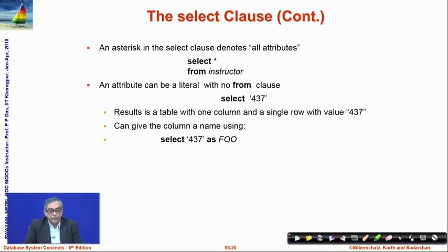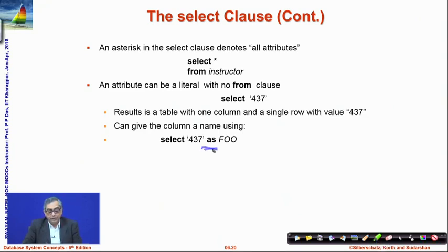You can also specify a select with a literal and without a from clause. If you do that, then it will simply return a table with a single row having that literal value, and you can also rename that table using what is known as the as clause.